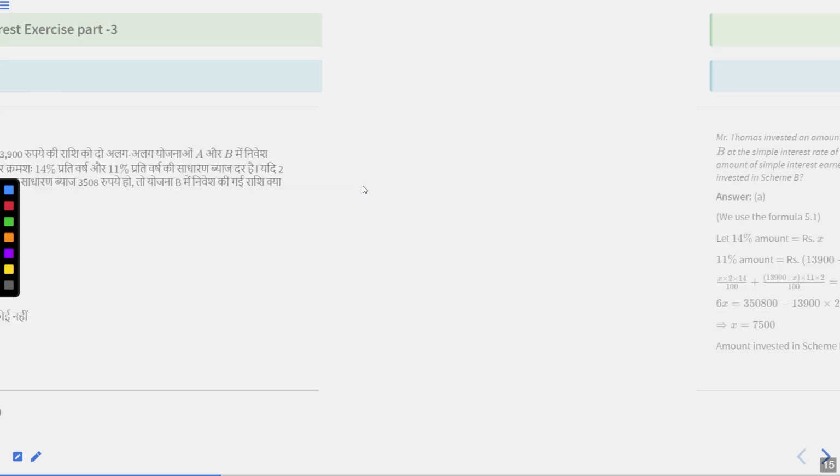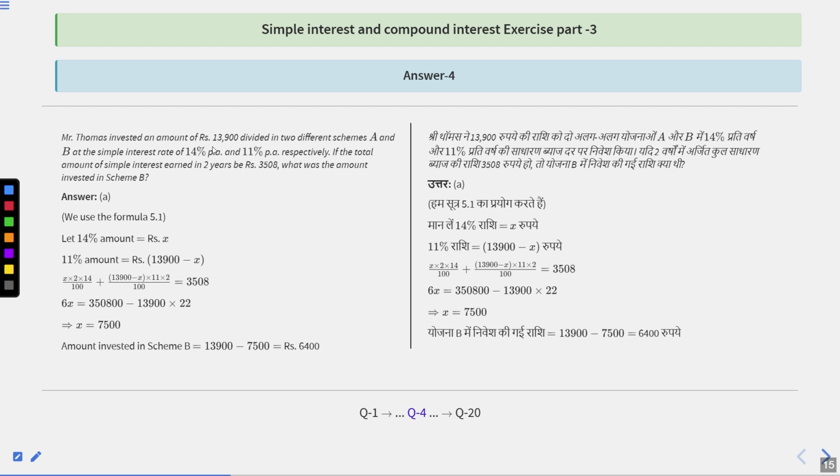Time's up. Let's see the solution. Now the question says that he invested two different amounts A and B at simple interest of 14% per annum and 11% per annum. So we let the amount at 14% per annum be X rupees. So the amount at 11% per annum will be 13,900 minus X, because the total amount invested was 13,900. According to the question, the total simple interest earned in 2 years is 3,508.